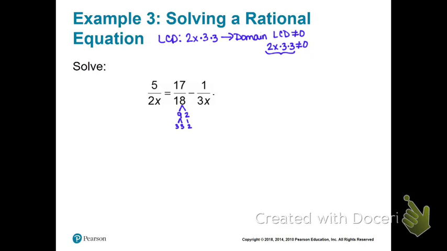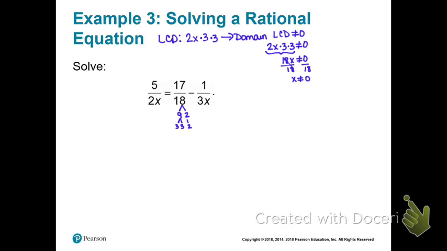What is 2x times 3 times 3? 18x cannot equal 0. Solve for x. So divide by the 18. And so we know x cannot equal what number? What's 0 divided by 18? 0. So we just have to be careful. When we get to that final answer, it can be any number except 0.